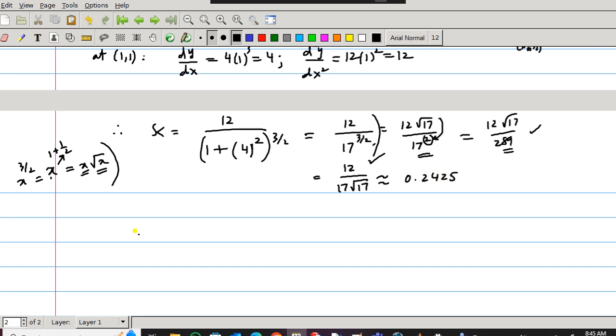That's your answer. And if you want the radius of curvature, it is 1 over kappa, which is 1 over 0.2425, or 17 square root of 17 divided by 12. 1 divided by 0.2425 is 4.1237.